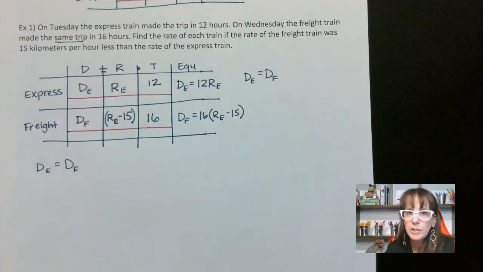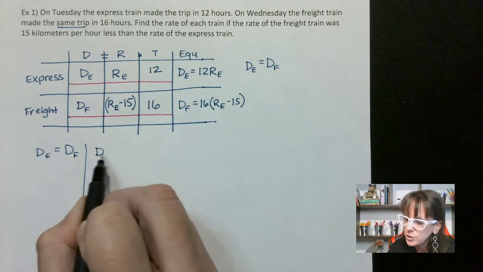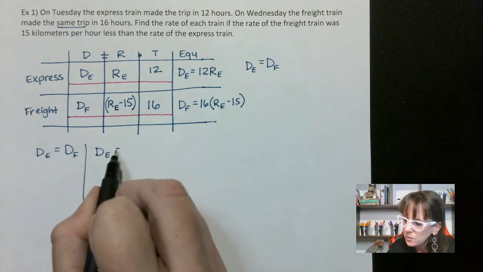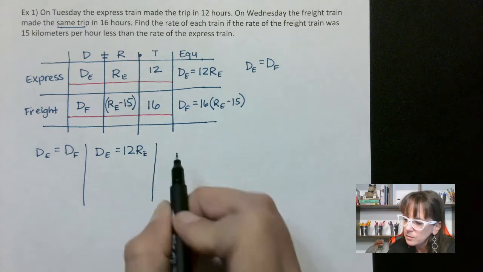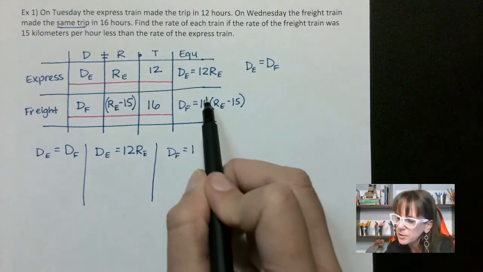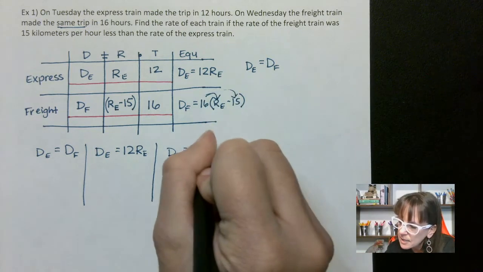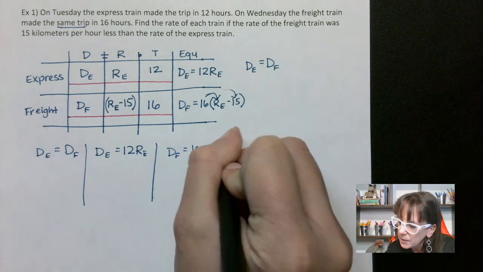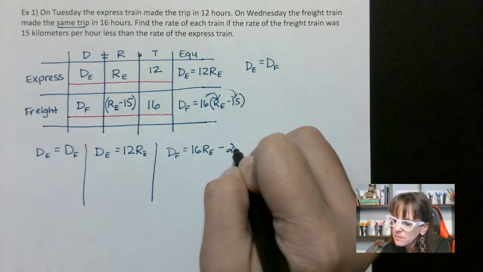Okay, so what we're going to do with that information is write a couple of equations here. DE equals 12 RE. And then on this one, we're going to say DF equals 16 times RE minus 15. Actually, what I'm going to do here is just distribute to make my life easier. So we get 16 RE minus whatever 16 times 15 is. We end up with 240.